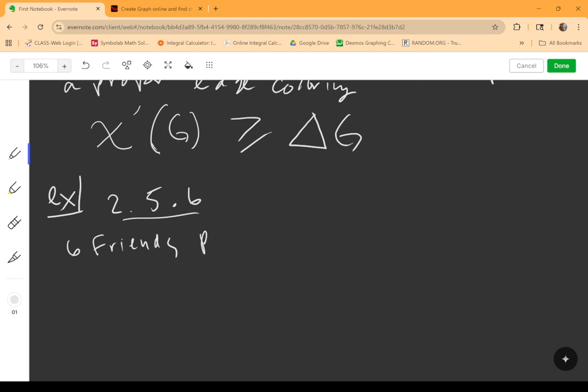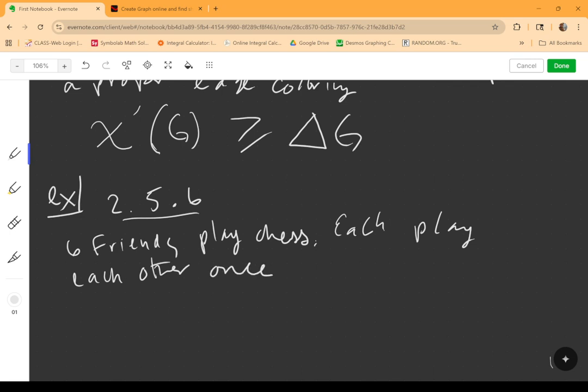All right, so they're playing chess, and here each game is an hour, and they each want to play each other once. Okay. So roughly, what does that turn out to be? About 15 games, it seems.